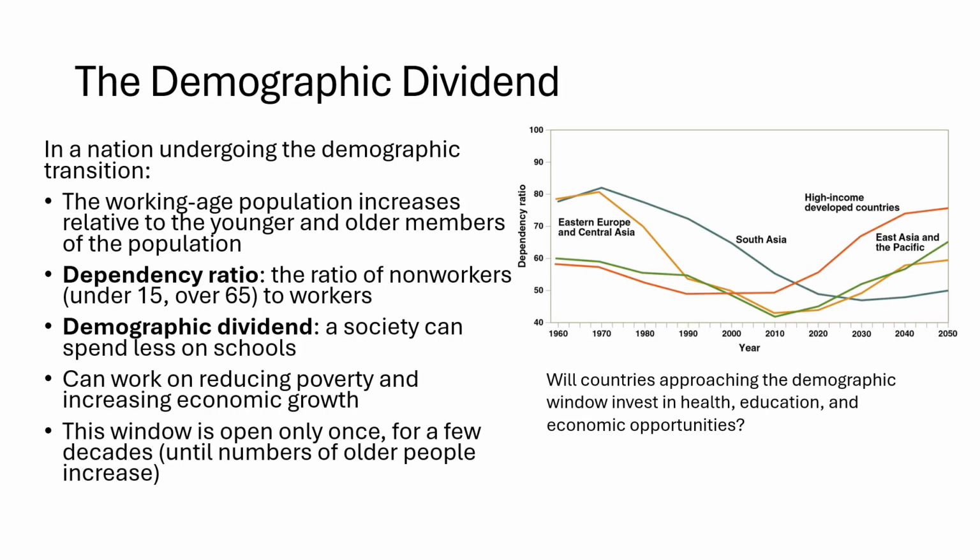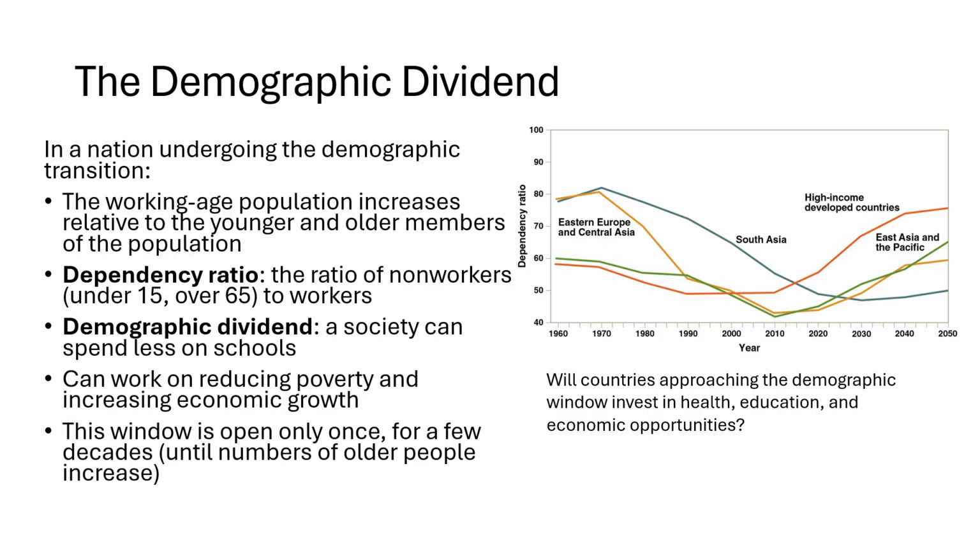Once a country is starting to undergo the demographic transition, that country will also be facing the demographic dividend. So when the working age population increases relative to the younger and older members of the population, the government of this country will have to take a decision.